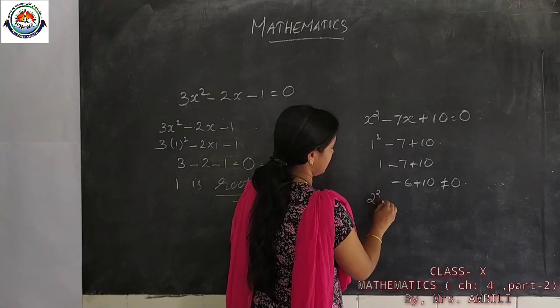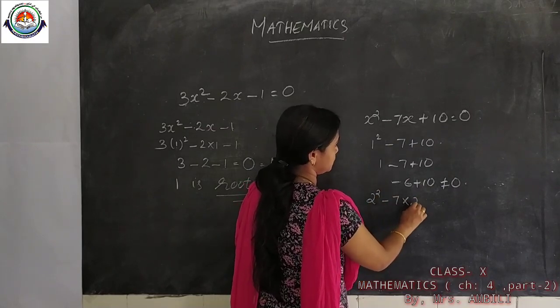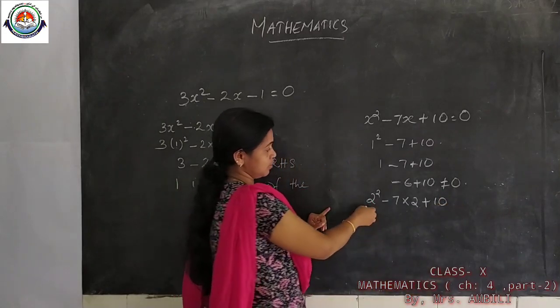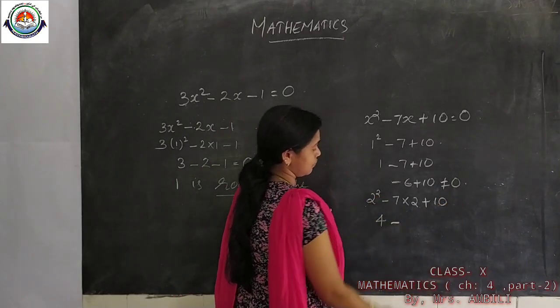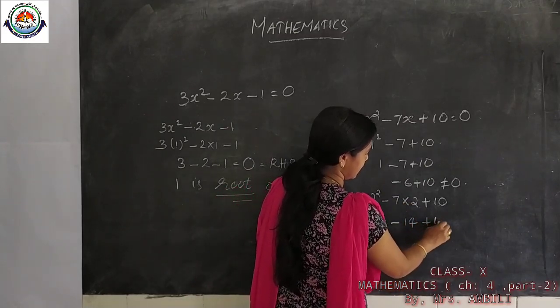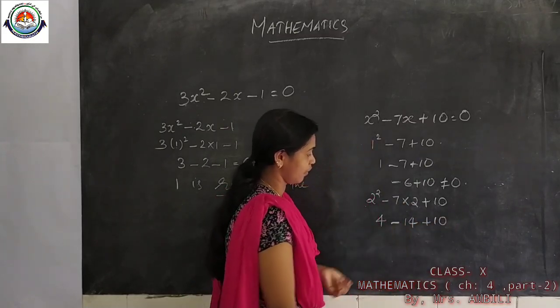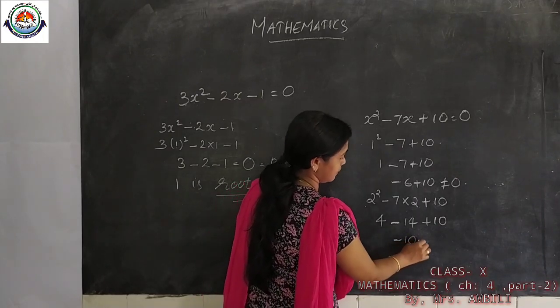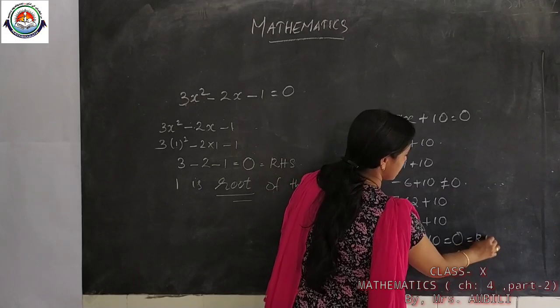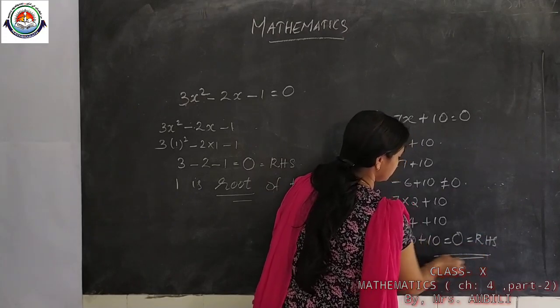Clear? Okay, then we can check with 2. 2 square minus 7 into 2 plus 10. What is 2 square? 4. 4 minus 2 into 7, 14, plus 10. What is 4 minus 14? Minus 10, plus 10 equal to 0. That is our RHS.